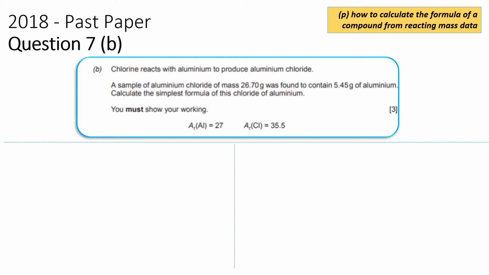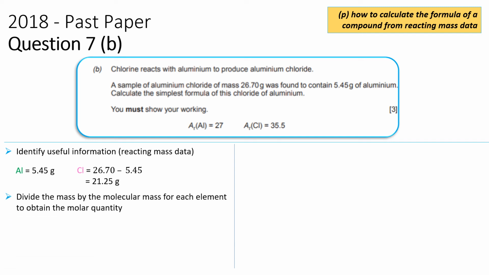So the first step again is to identify the important information, which is the reactant masses. The reactant mass of aluminium is 5.4 grams, and you can calculate that of chlorine by subtracting the mass of aluminium from the total mass of aluminium chloride, which gives you 21.3 grams of chlorine.